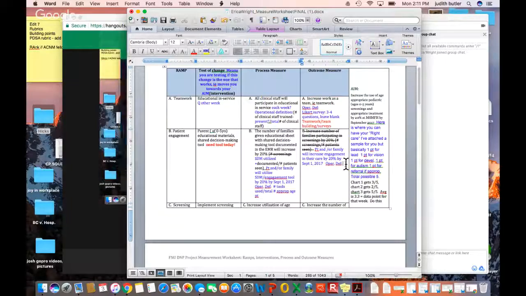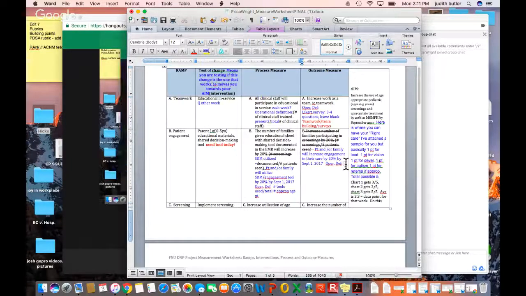So use this tool. Say you have a tool that talks about development, vision screening, development and lead. So it talks about maybe what the risks are, maybe what the signs and symptoms of lead and developmental delays are. What do you want them to get from this? If they do this with you and they participate in this give and take and think about what they want, what is the outcome for them?